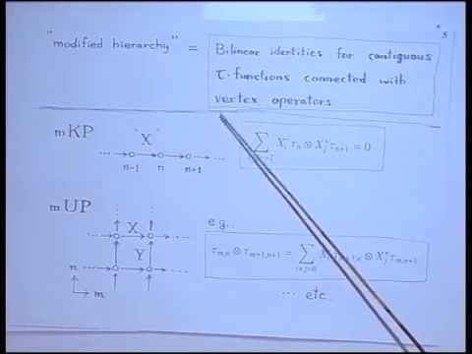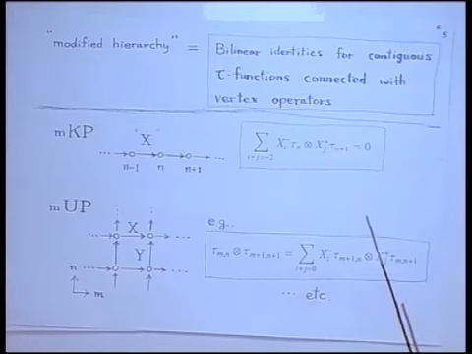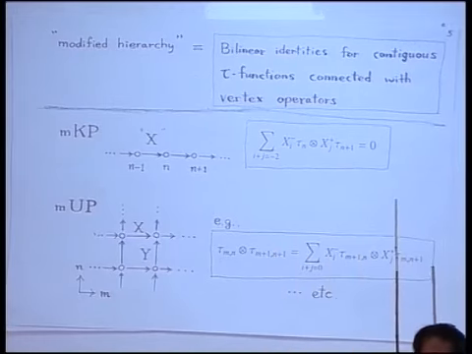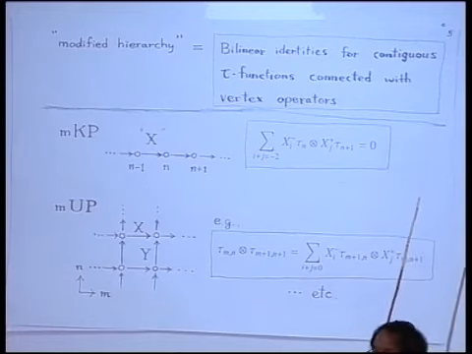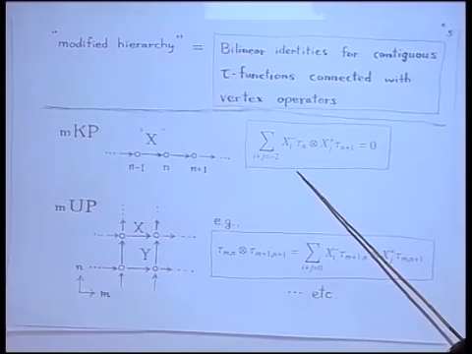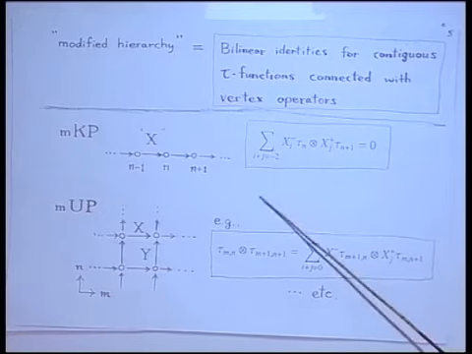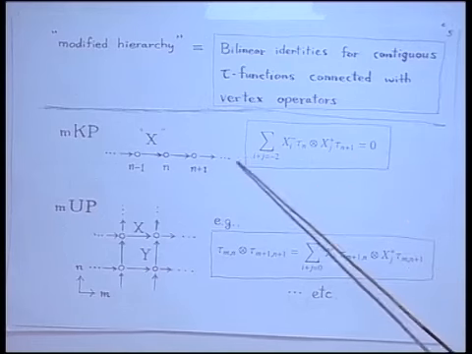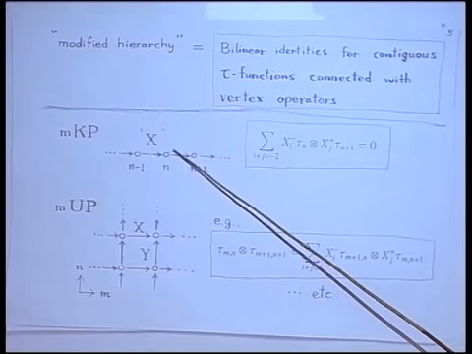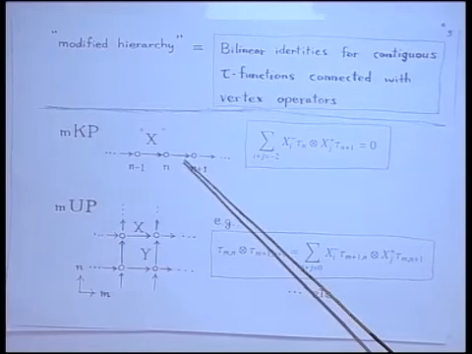Very roughly speaking, the modified hierarchy is a bilinear identity for contiguous tau functions connected by the application of vertex operators. For example, this is the well-known modified KP hierarchy, and tau n and tau n plus 1 lie on a chain, and each vertex is connected with the action of a vertex operator.